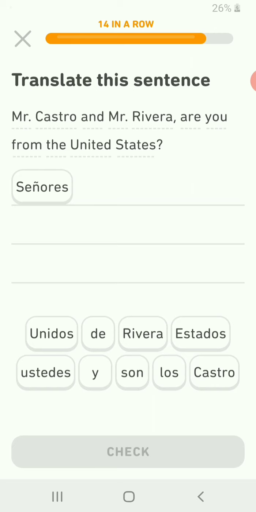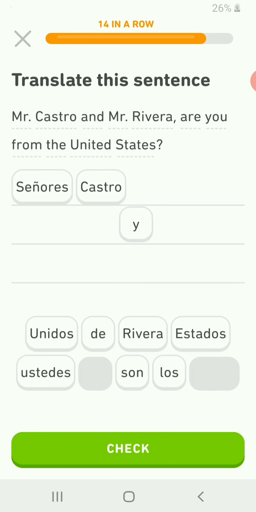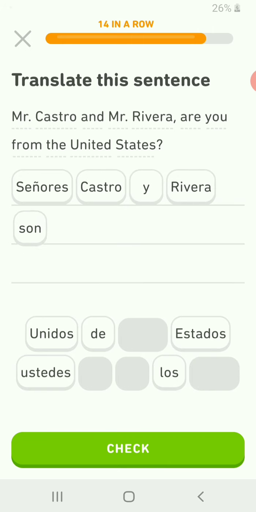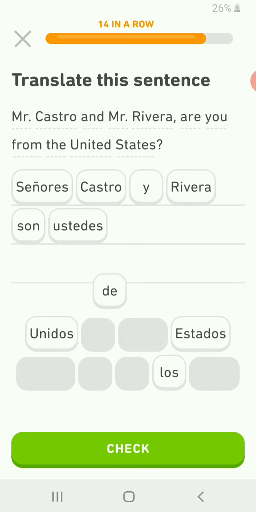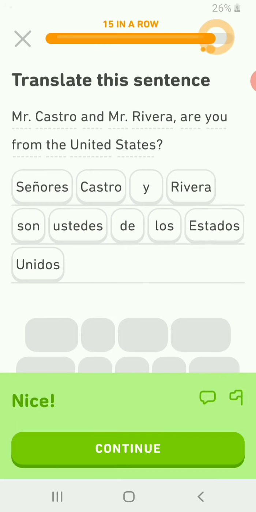Okay, good. Mr. Castro and Mr. Rivera, are you from the United States? So, señores Castro y Rivera son ustedes de los Estados Unidos.